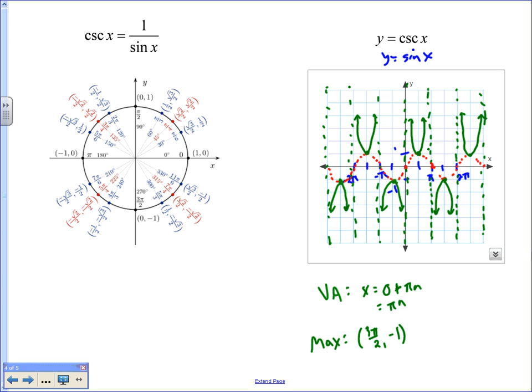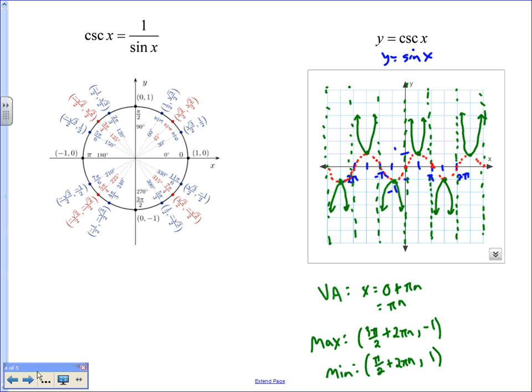Well, that's one of them, but let's say what all of them are. So that's 3 pi over 2 plus our period, which is 2 pi n, comma negative 1. And then our minimum is at pi over 2 plus 2 pi n, comma positive 1. Okay, so that would be how we would graph cosecant.